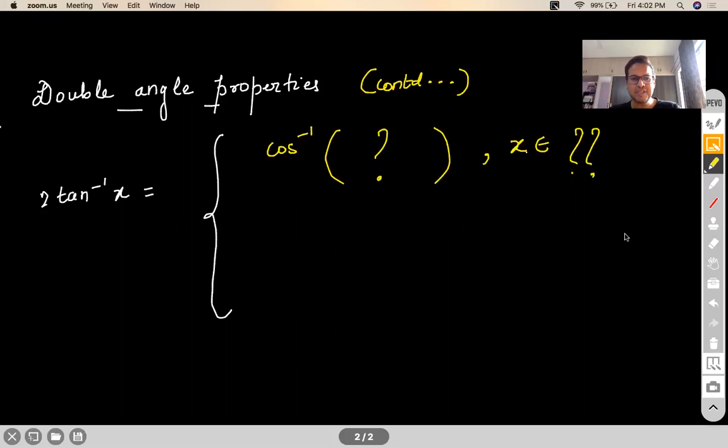Are there any more formulas or is this the only formula? And what is the interval of x?